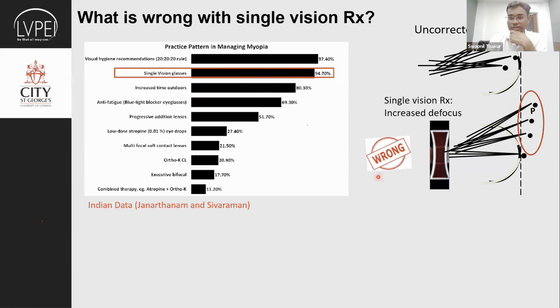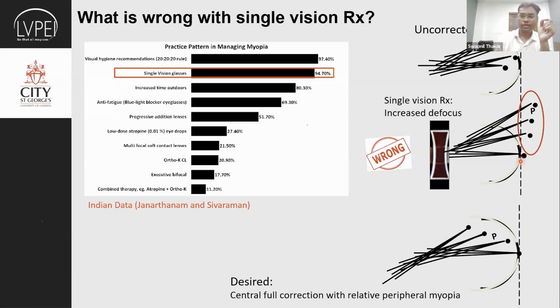But what is wrong with single vision lenses is that, if you focus on this right-hand panel, when we give single vision lenses, due to the concave lens, if there is a relative peripheral hyperopia, then after single vision lenses the magnitude of relative peripheral hyperopia increases. So clearly single vision lenses are not going to work to alleviate the defocus signals.